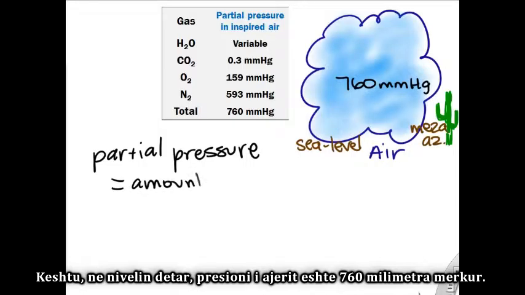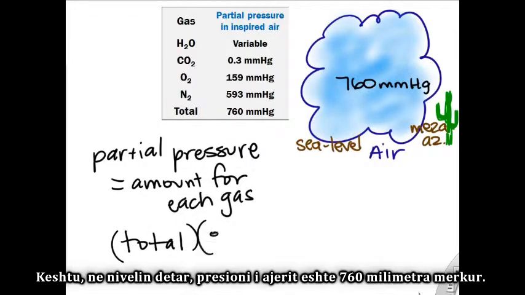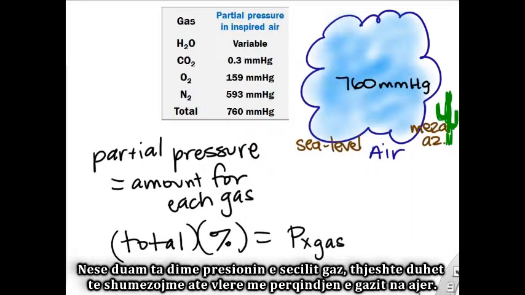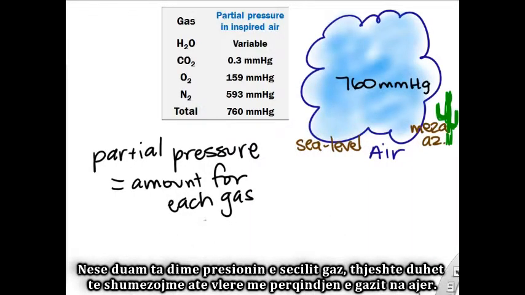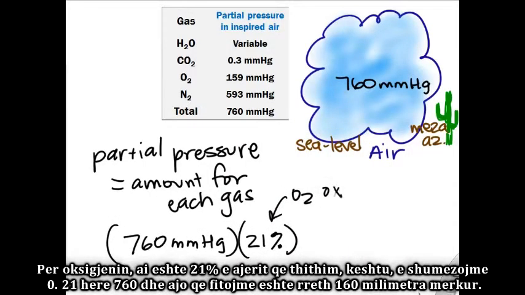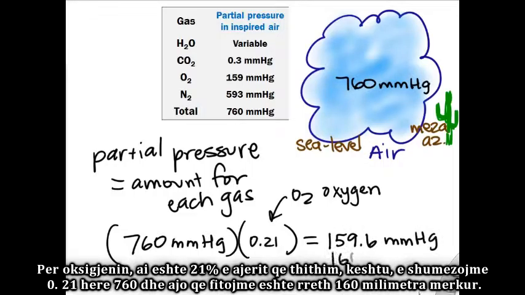So at sea level, the air pressure is 760 millimeters of mercury. If you want to figure out the pressure of each individual gas, you simply have to multiply that value by the percentage of gas in the air. So for oxygen, 21% of the air that we breathe is oxygen. So we multiply 0.21 times 760, and we get a value of about 160 millimeters of mercury.